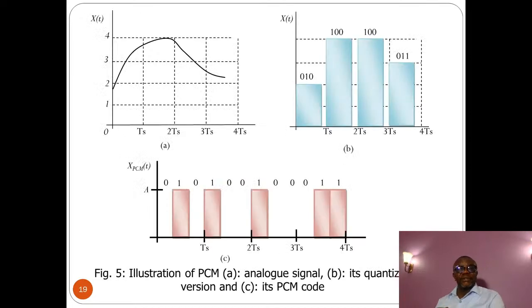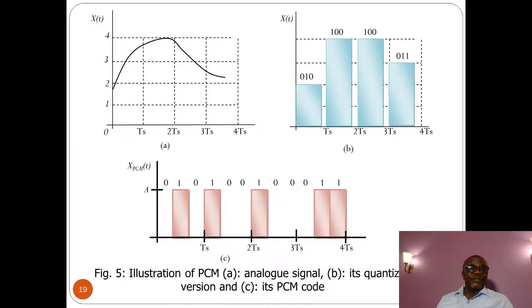Now, let's see a demonstration. Look at Figure A. We have a typical analog signal, which we are seeing in the black line. Now, this analog signal is quantized, and we said we have levels, and the levels are separated by delta, which in this case is 1.